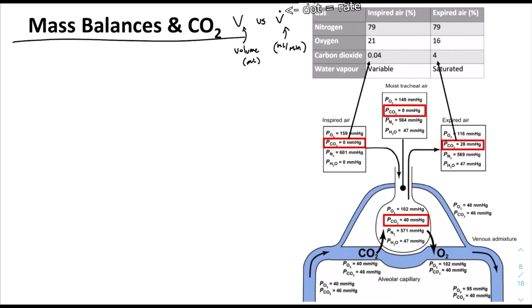There were some times where I think the professor would use a V and a V dot interchangeably, and I just want to clarify that I'm going to try to be really consistent with what I'm doing here, because I want to get rid of areas of confusion already. It's already confusing enough as it is. Next, for things like P A versus P big A, no, I'm not going to do any of this. The little a stands for arterial. If there's ever an arterial, I'm going to say P arterial, and if there's ever big A, then I'm going to say P alveoli or V alveoli, things like that.